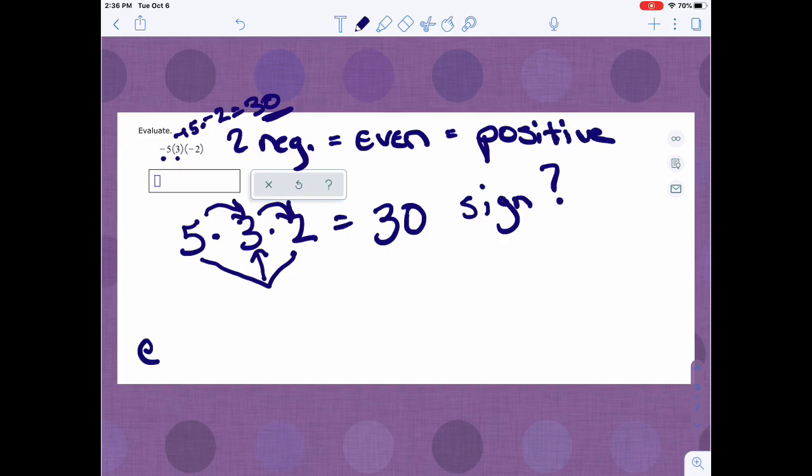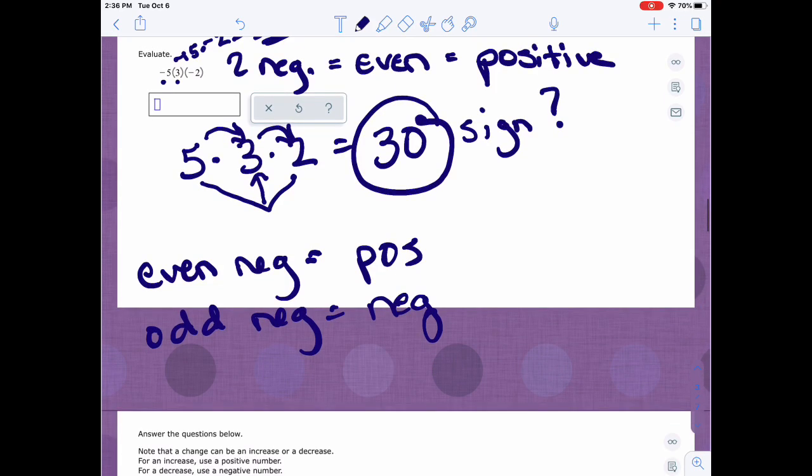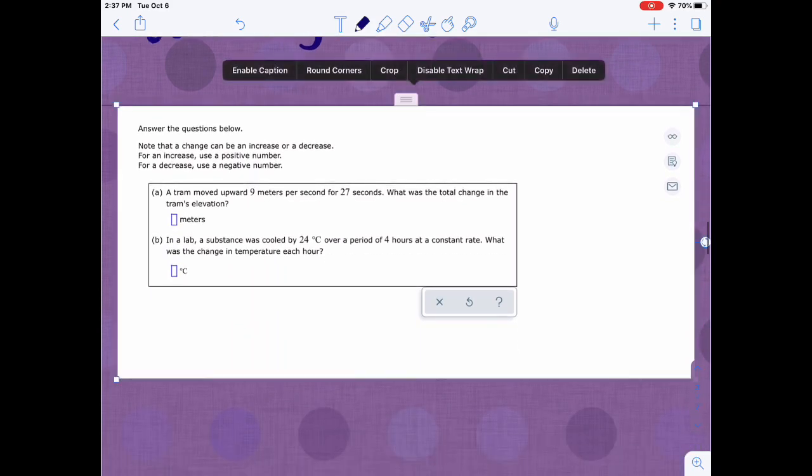Okay, even numbers of negatives will always give you a positive. Odd numbers of negatives will always give you a negative. That's just the way it comes out. In this case, we were positive. Okay. All right, let's look at a word problem.